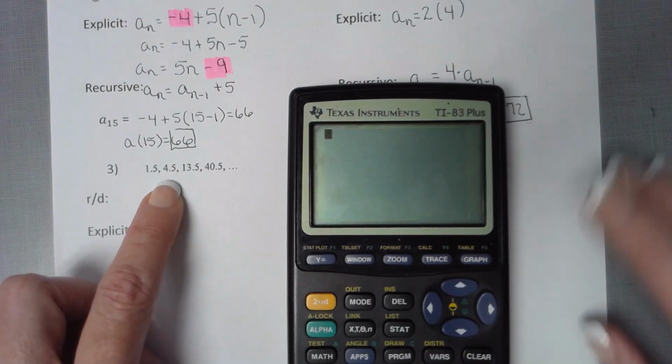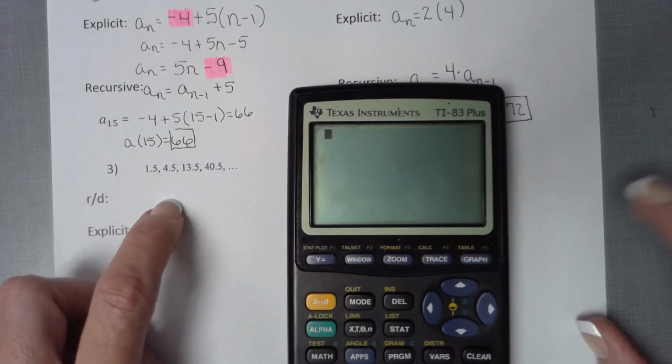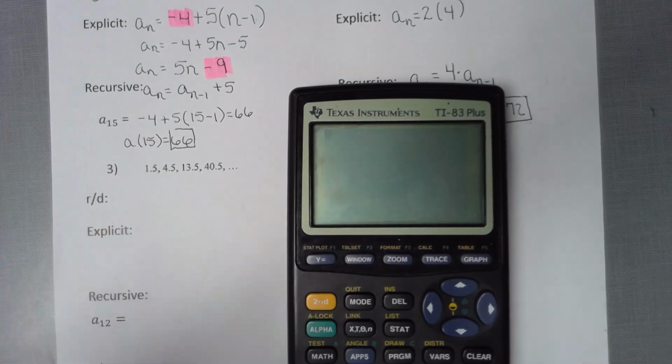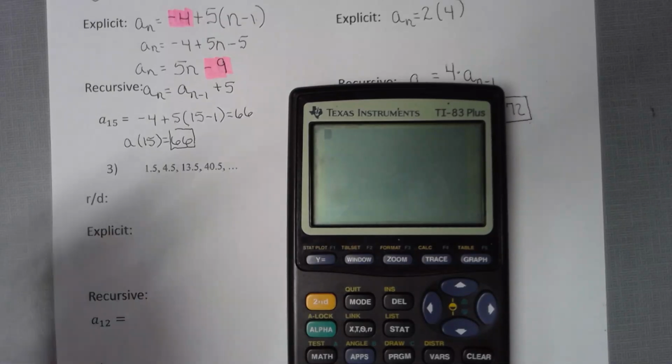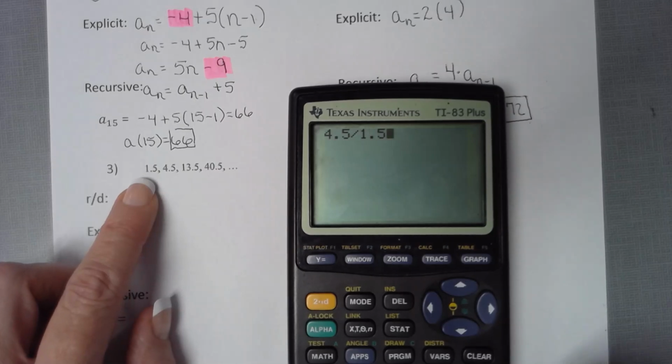So clear out. Now we're going to check geometric. How do we do that? How we do it? I'm waiting. Second term divided by the first term.